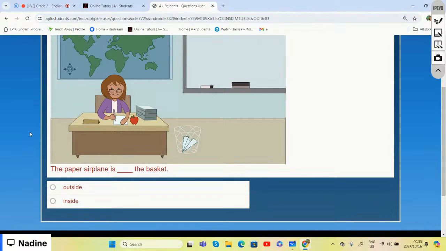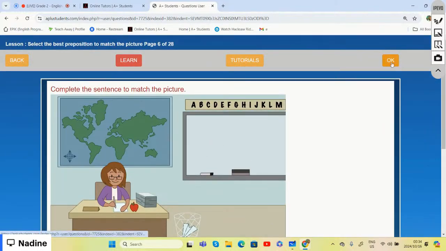Inside the basket or outside the basket. And if we were to select where the paper airplane is, we can say it's inside the basket.